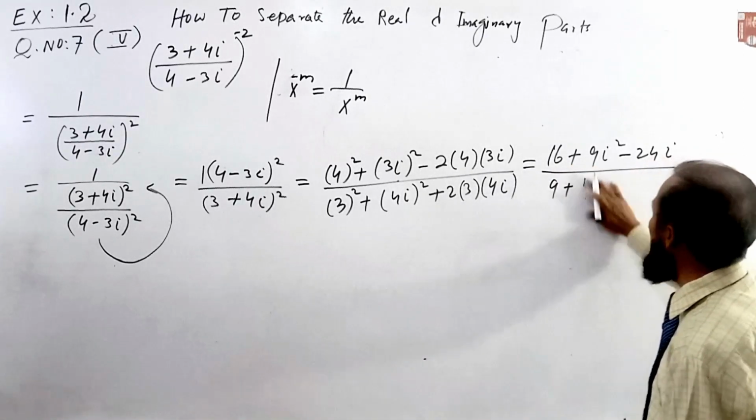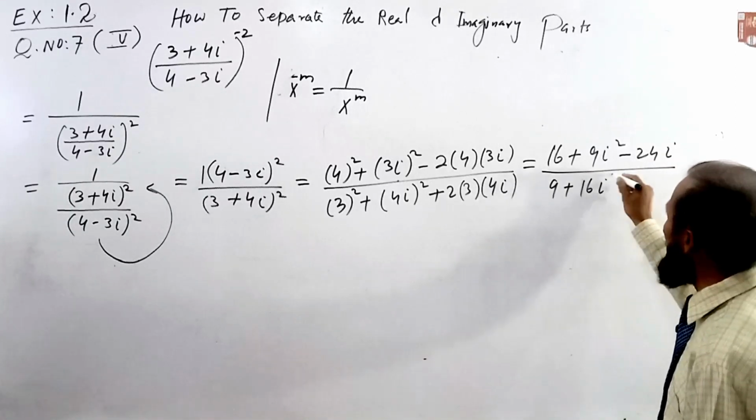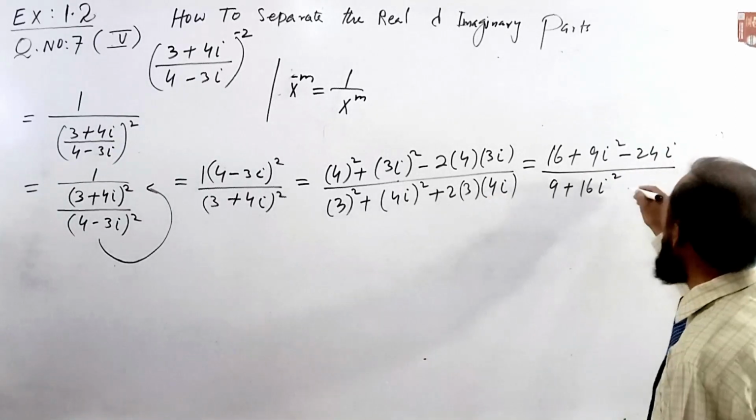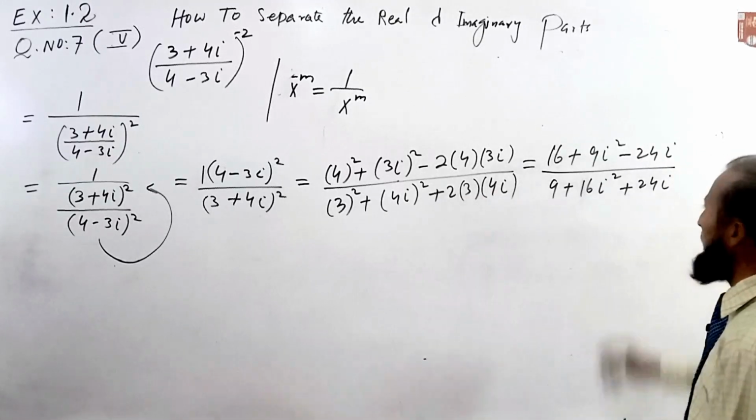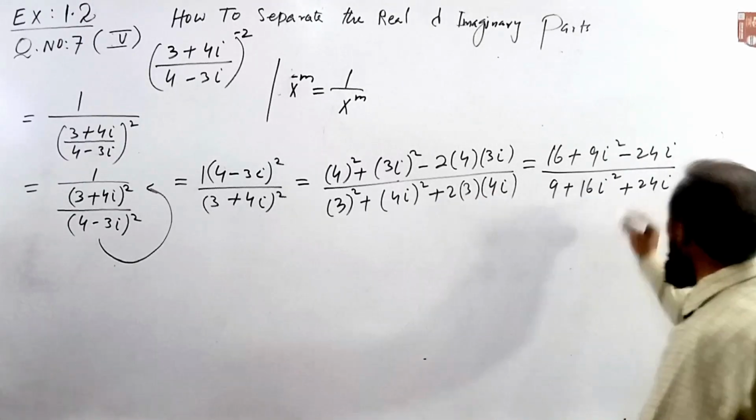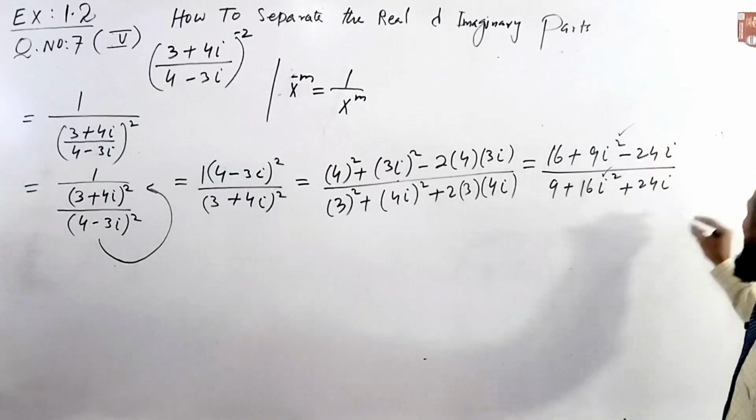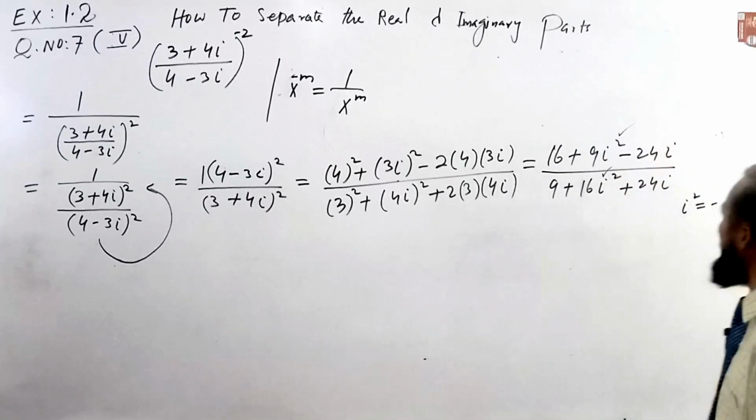16i square plus 24i. Now in the place of i square, we put i square equals -1.